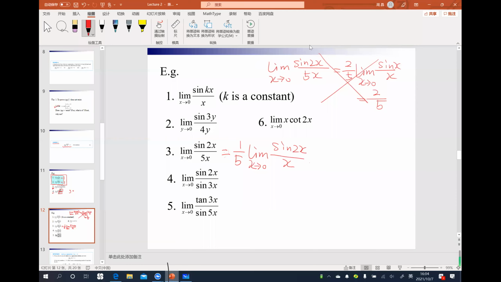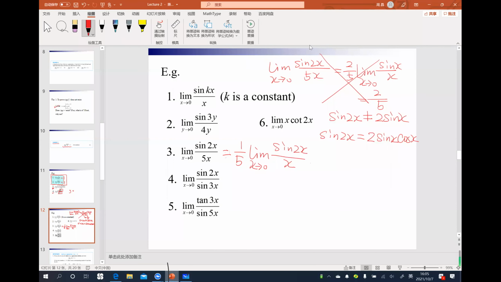Guys, can you understand? Because sine 2x does not equal 2 sine x. From the formula, sine 2x equals 2 times sine x times cosine x.